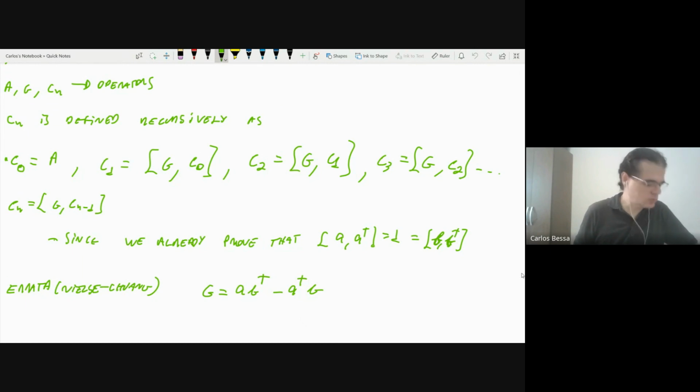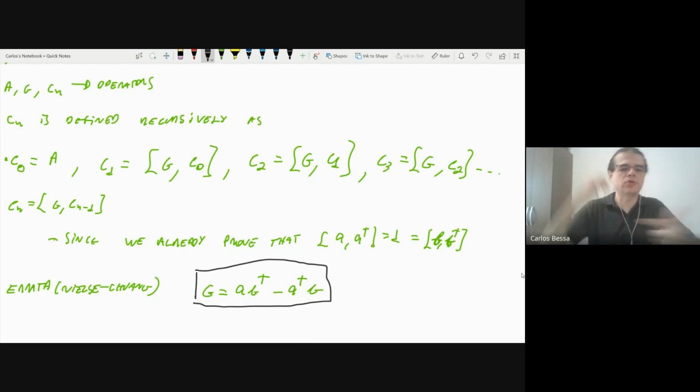Good. So I will follow this definition. It's not that the other is wrong. You could define a different sign, but you'd have a problem because you define the Hamiltonian one way and G another way.